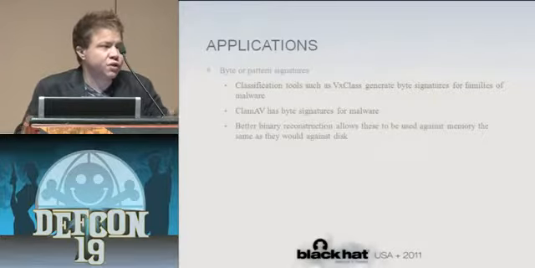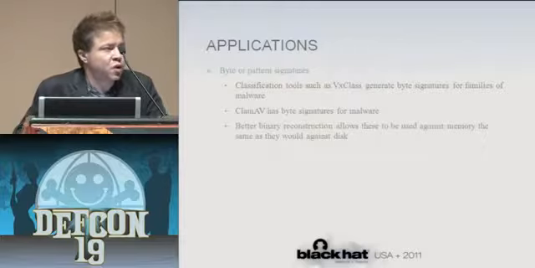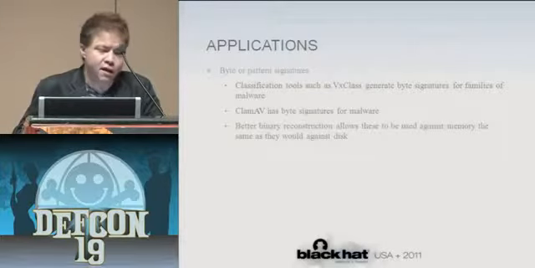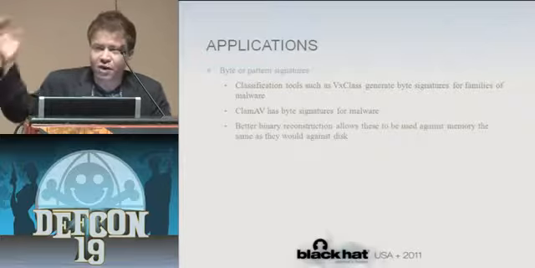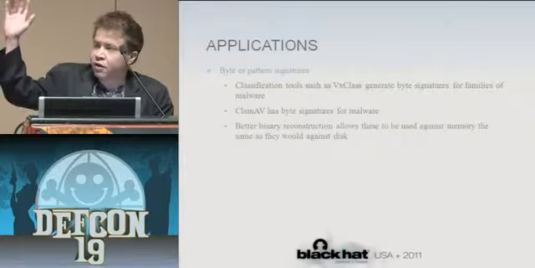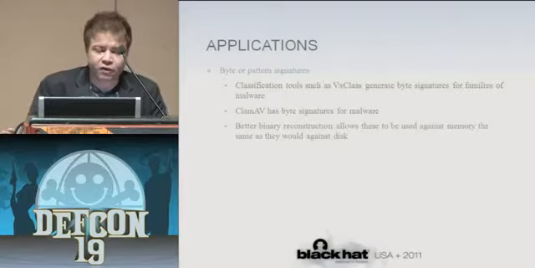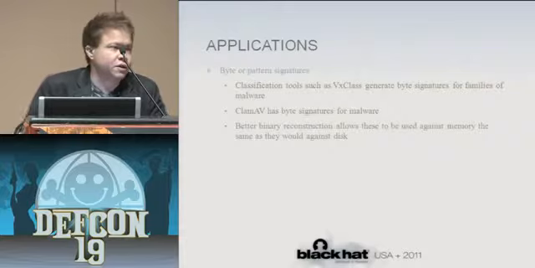So we could use this to search memory, and it was fun, but we got some false negatives. Well, by utilizing the image section objects and so forth, we no longer get the false negatives, so it's more useful to us. Also, how many people have ever used ClamAV? So the large number here, they've heard of it, they used it. Well, ClamAV also has this concept of a byte signature match for malware.